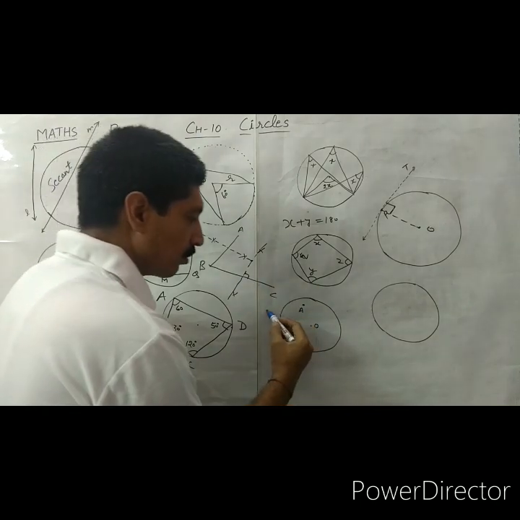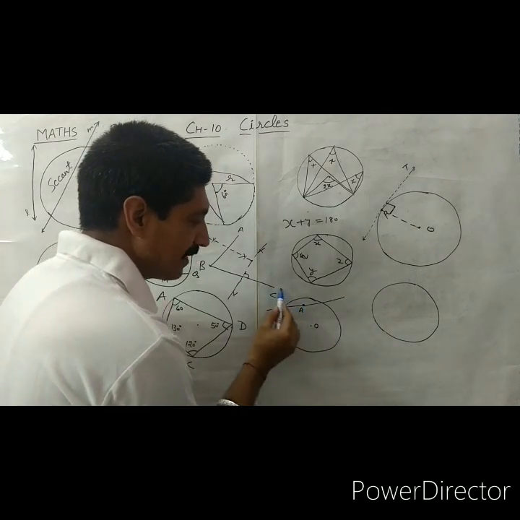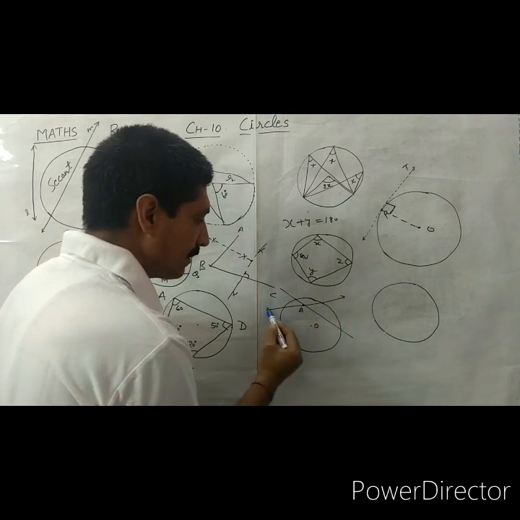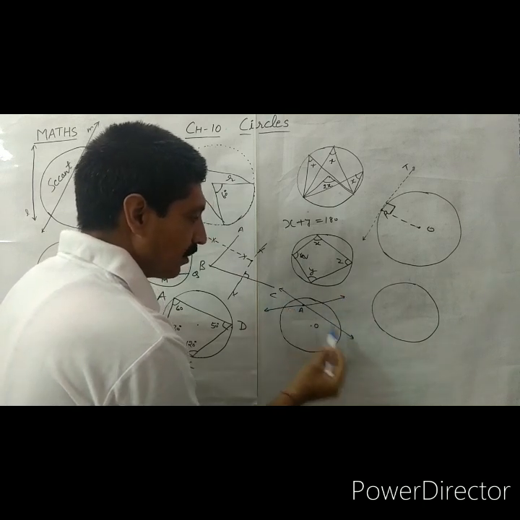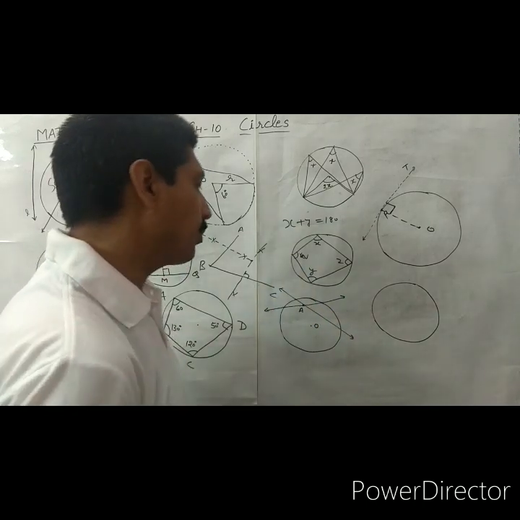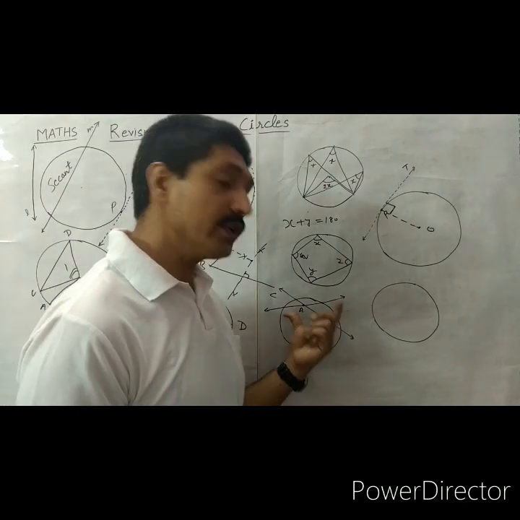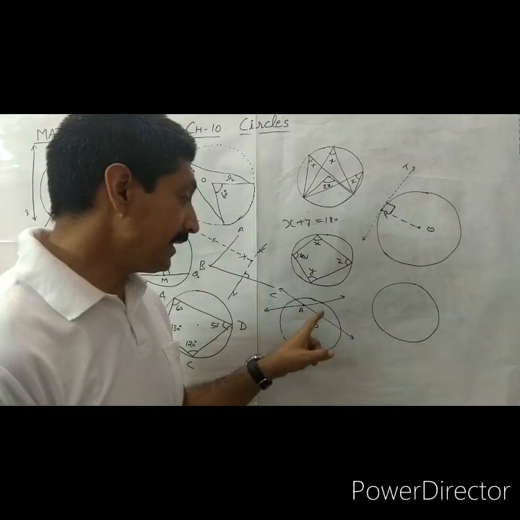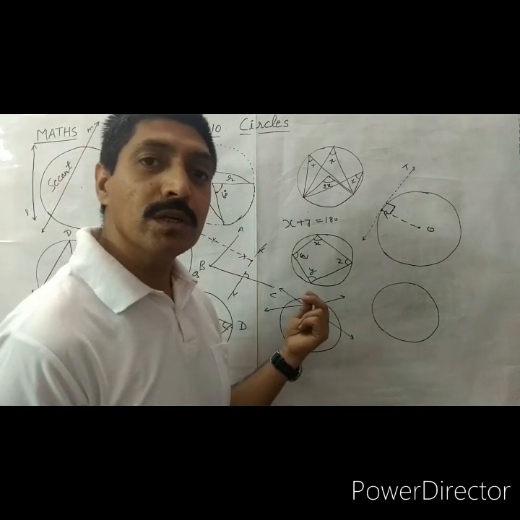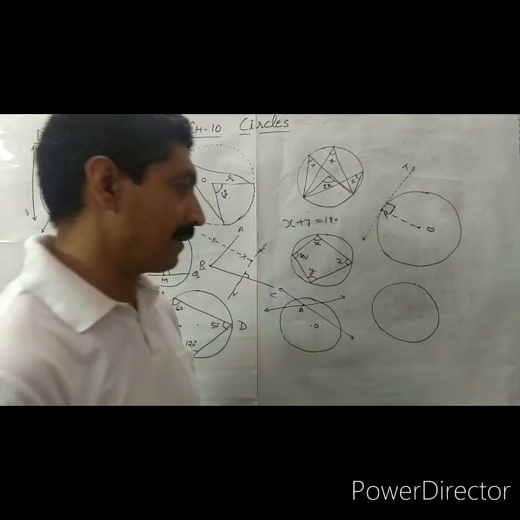Any line which is passing through this A will become a secant, because that secant intersects a circle at 2 points. So in the first case, we don't have any tangent passing through a point lying inside the circle.